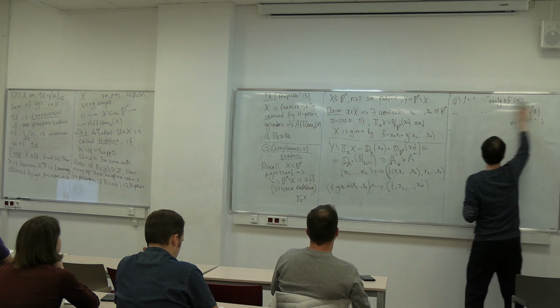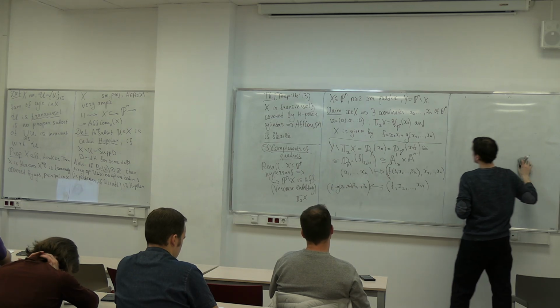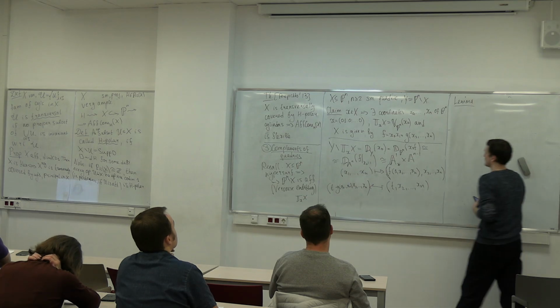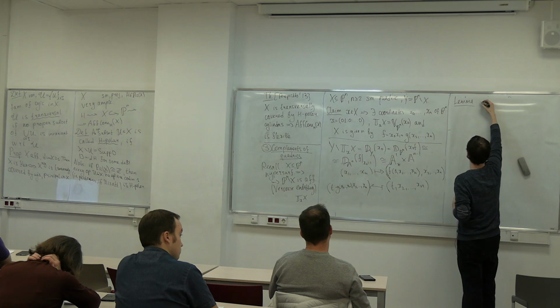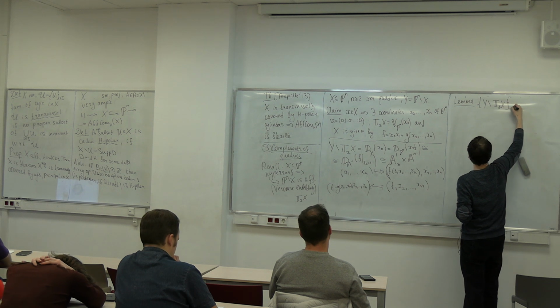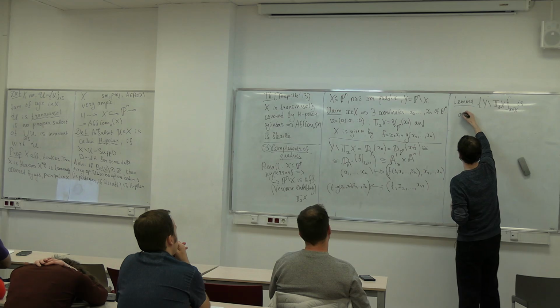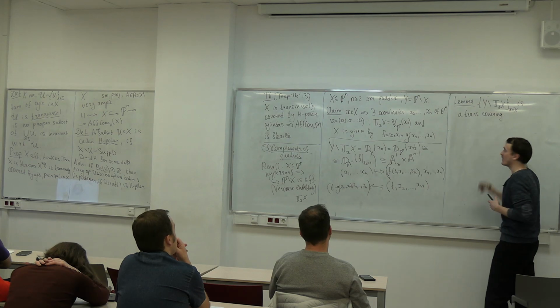So that's a cylinder, and we claim the following lemma: that's a transversal covering. This set of complements to tangent spaces for all points is a transversal covering of y.